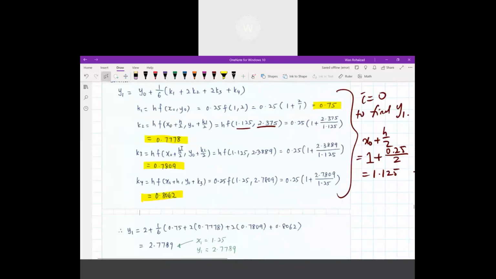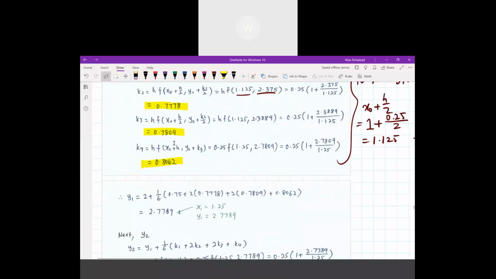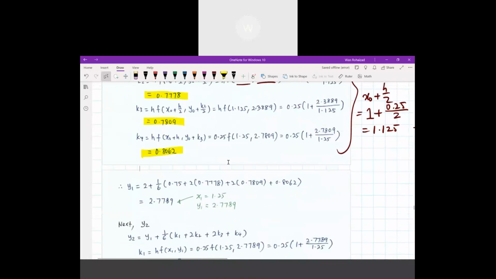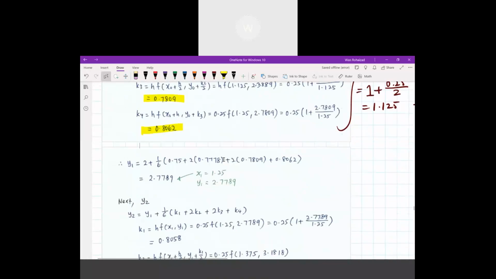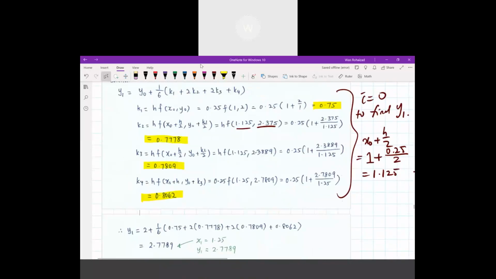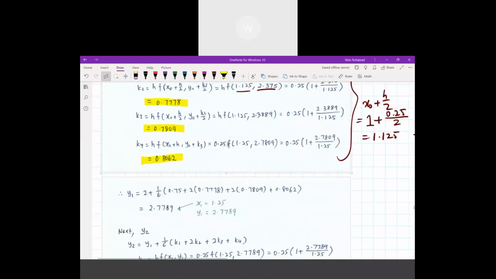And after we calculate all values for k1, k2, k3 and k4, we can substitute into the main formula. Okay, we substitute the values for k1, k2, k3 and k4 into the main formula.